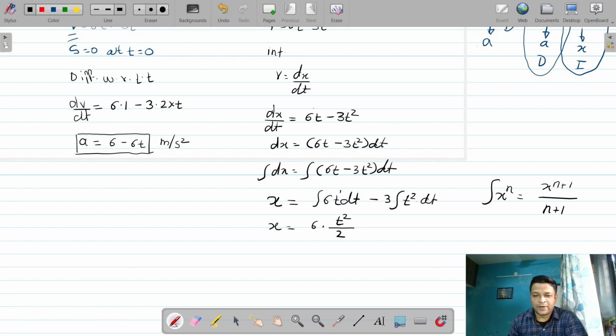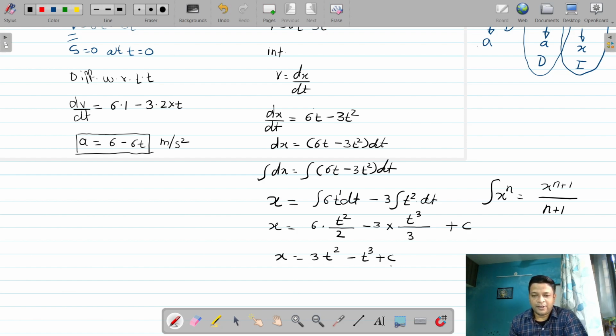Here the power of t is 1, so t raised to 2 divided by 1 plus 1, that is 2, minus 3 into t, where the power is 2, so 2 plus 1: t raised to 3 divided by 3, plus the constant of integration. So x is equal to 6 by 2 becomes 3t square, minus, the 3 gets cancelled, t cube, plus constant. So we get the equation x is equal to 3t square minus t cube plus c.